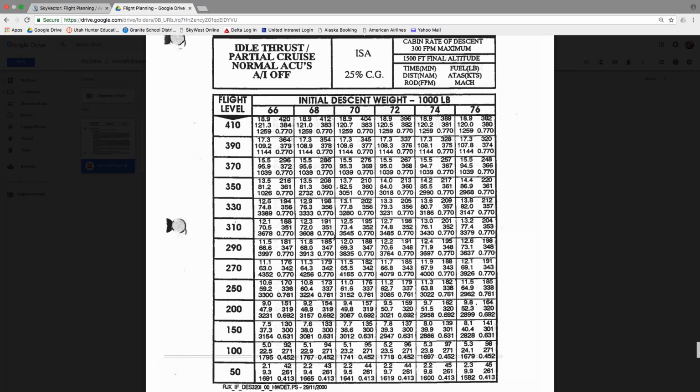So if I'm at like 65,000 and the chart has 60,000 or 62, is it too far off for me just to use the 60,000 column, do you think? Sorry, the actual weight I got with the 300 pounds is like 60,600. Is it too far off for me just to use the 60,000 column? It's your call.